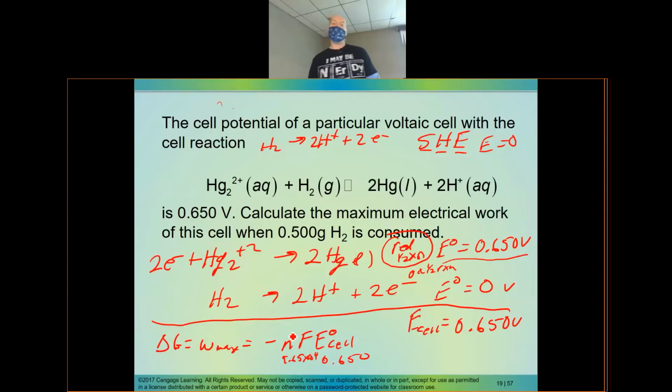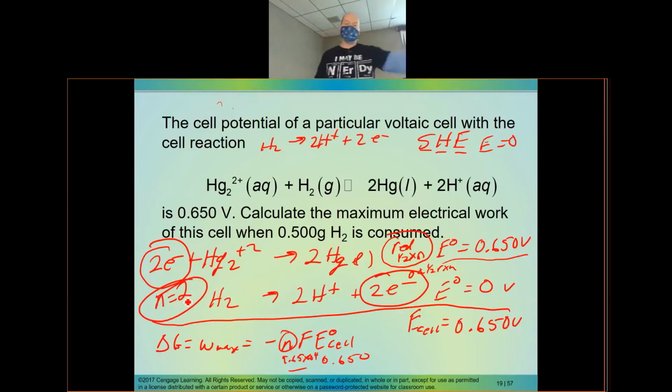Now you have to put in moles of electrons. So you have to write this reaction to see that you have 2 moles of electrons, and so your n is equal to 2. When you have 2 electrons gained, 2 electrons lost, that is the 2 moles of electrons.